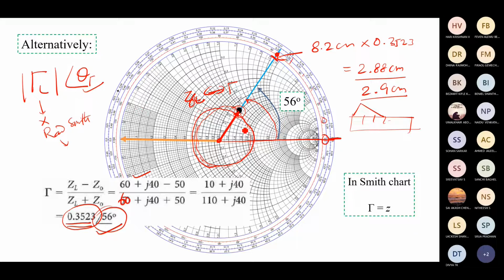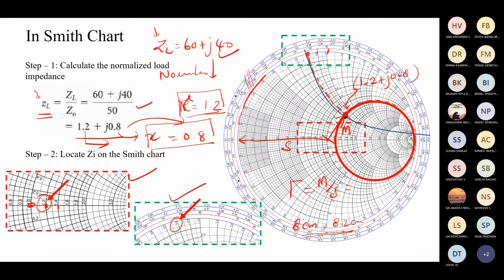Then using the angle, we take a line. The point where the line and the circle meet is the load reflection coefficient, which is again the same point as the impedance. So in the Smith chart, the reflection coefficient is nothing but the normalized impedance. This is a thumb rule. I believe you got it.